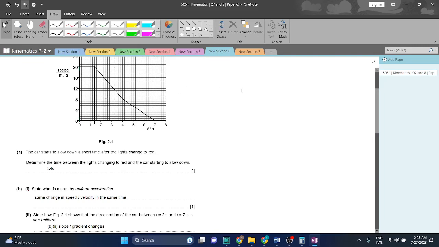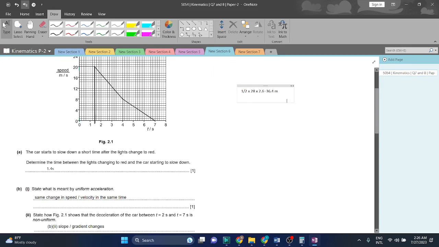First a parallelogram, actually a trapezium, forms: 1/2 times the sum of the parallel sides. The parallel sides are 20 and 8, so the sum is 28, and the height is this, from 1.4 to 4. 4 minus 1.4 is 2.6. This will be 34.6 meters.